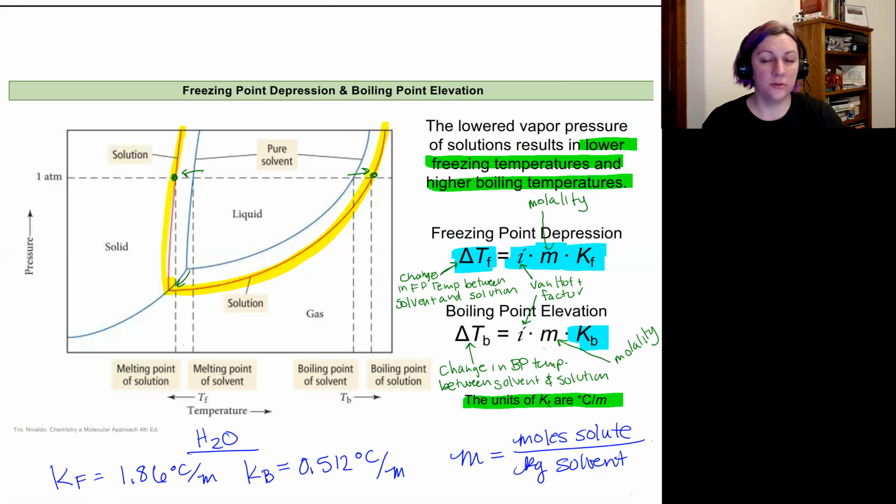Now, this is a useful colligative property, and we take advantage of it in winters when it's really cold out and ice starts to form on the roads. The city will go out and spread salt onto the roads. And what we're doing when we put salt on roads or sidewalks in the winter is we're trying to form a solution between the sodium chloride and the water that's freezing.